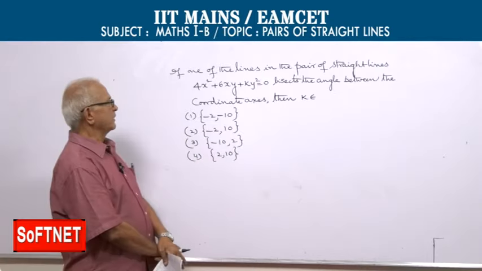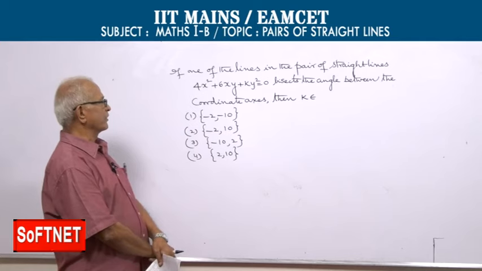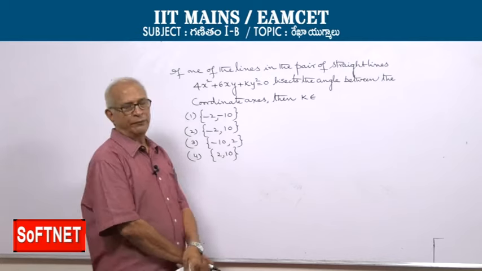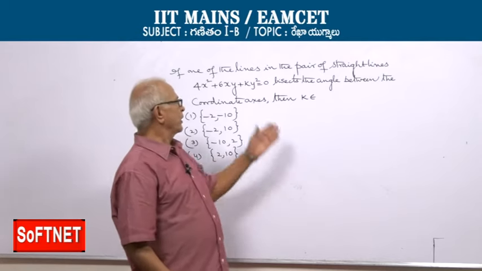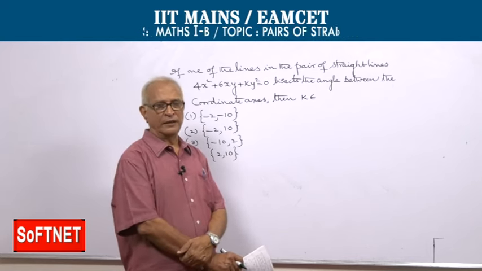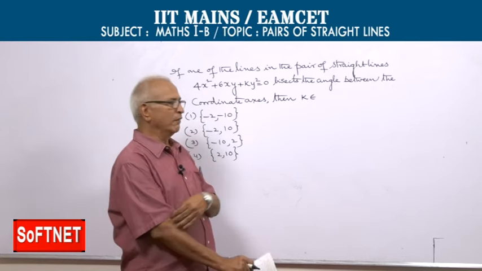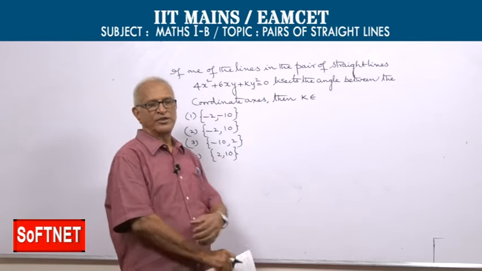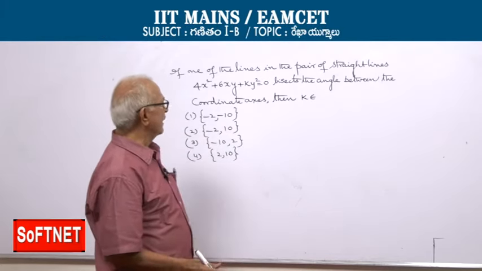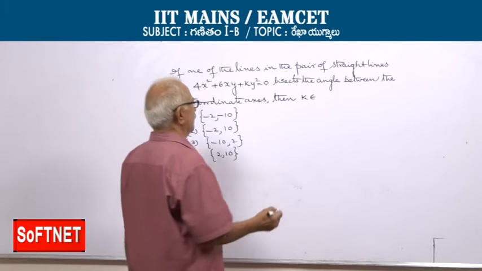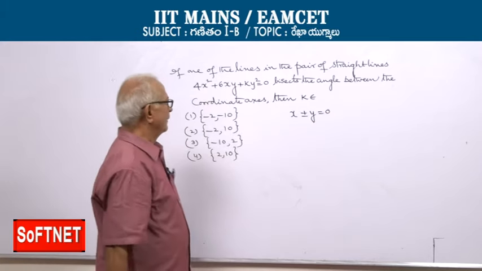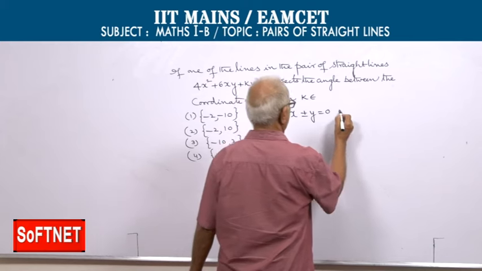Next, one of the lines of the pair of lines given by this equation bisects the angle between the coordinate axes. If one of the two lines represented by this equation bisects an angle between the coordinate axes, what values can k take? All the options are 2-element sets, so k has 2 values, and they asked what those values are. Well, once again the bisectors of the angles between the coordinate axes are x plus or minus y equal to 0, same as before, or y equal to plus or minus x.